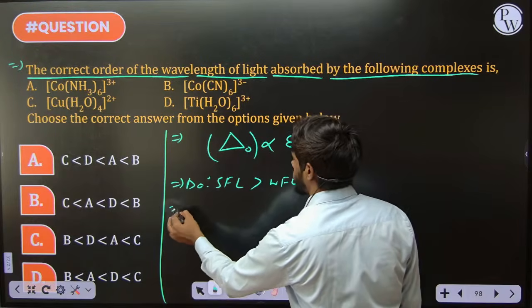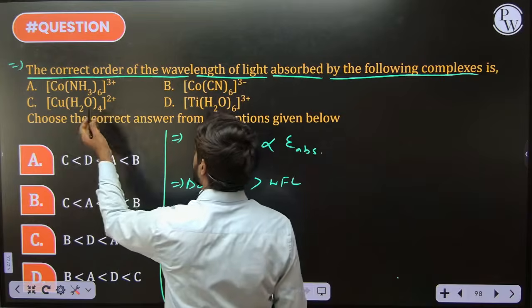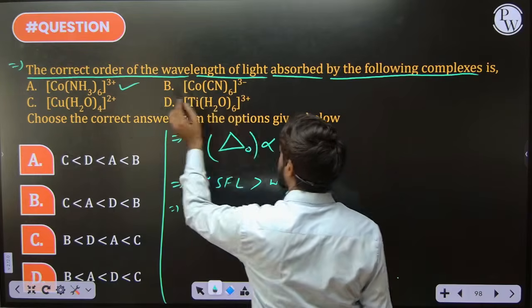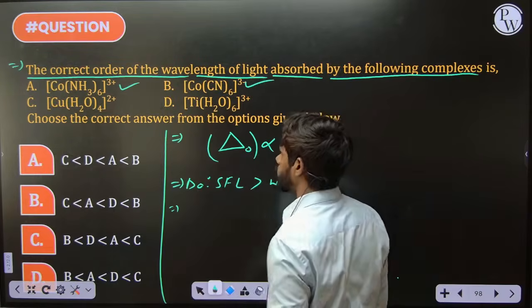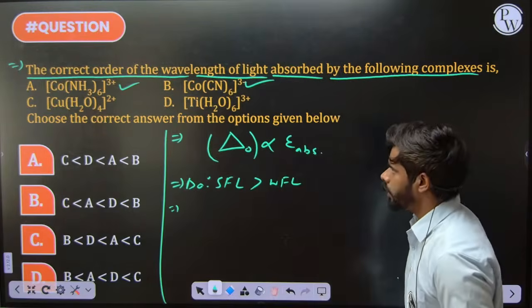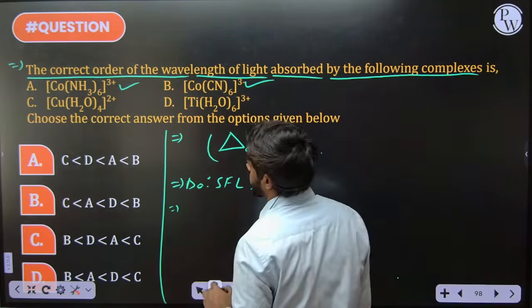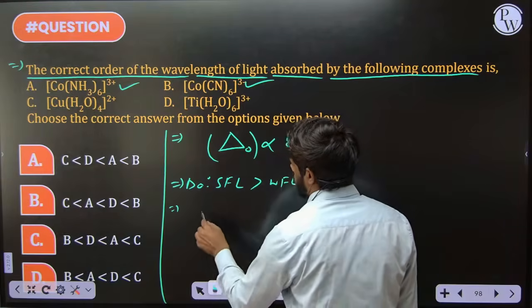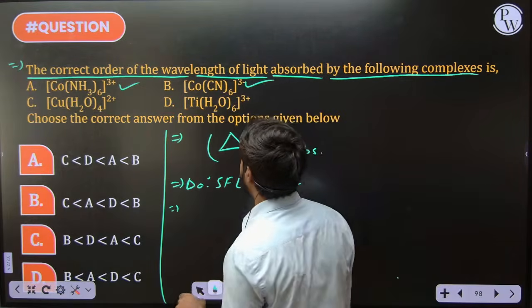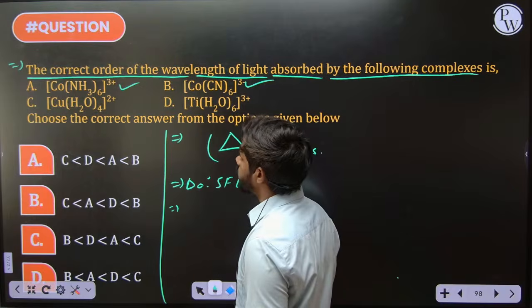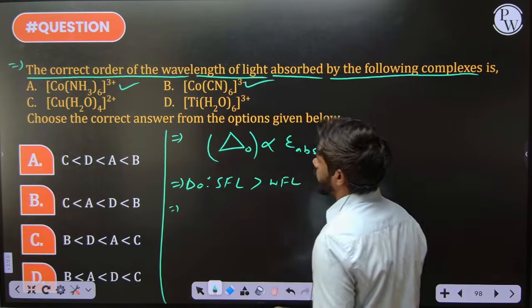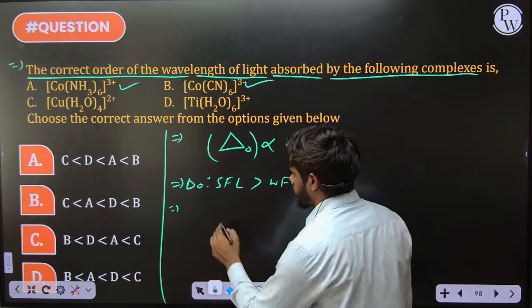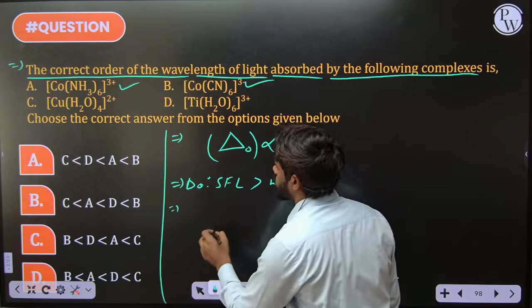Now we can check for the strong field ligand. We have NH3, which is a strong field ligand, and cyanide is also a strong field ligand. So the first one is stronger than the second one. Both have the same oxidation state, cobalt 3 plus.